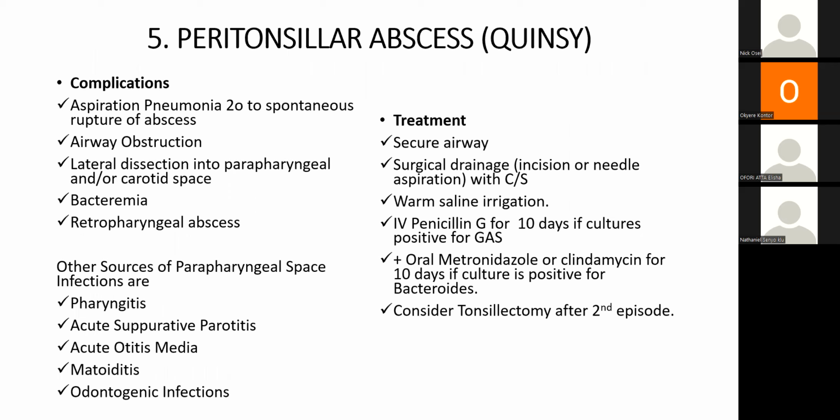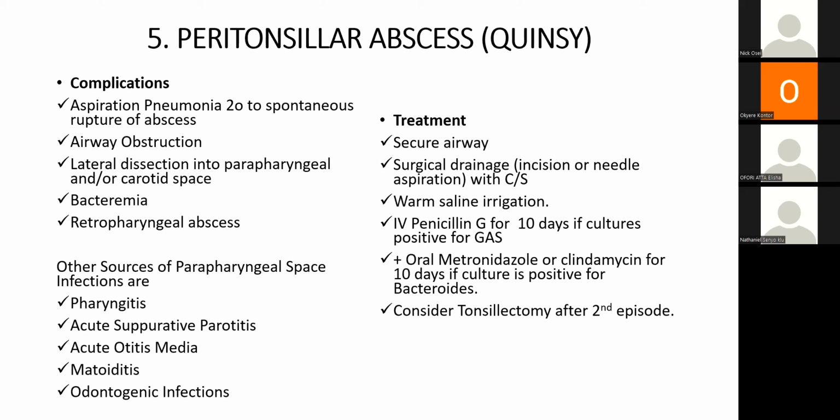Complications include aspiration pneumonia, secondary to spontaneous rupture of the abscess. This abscess is around the tonsil, not the tonsil itself, and when it spontaneously ruptures it can lead to aspiration pneumonia. There could possibly be airway obstruction.